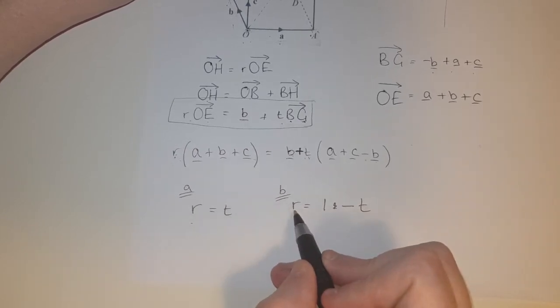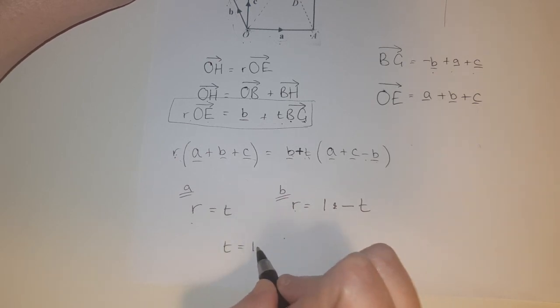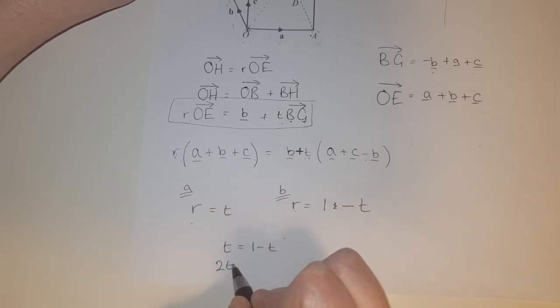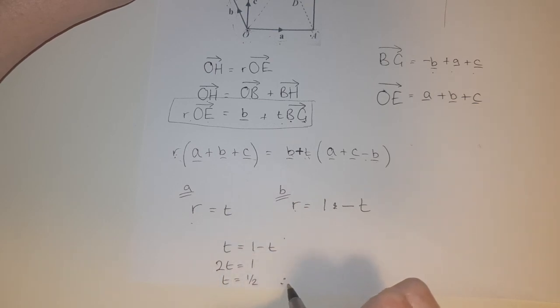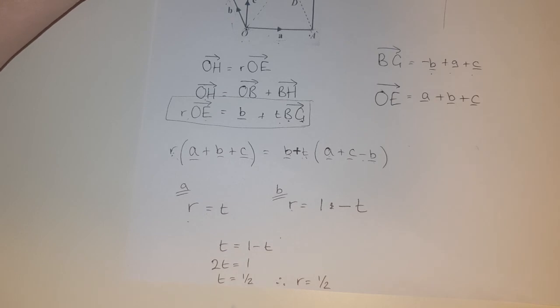So if I replace R with T, I get T equals 1 minus T. That means 2T equals 1. So T equals a half. And therefore, if T is a half, I can plug it back into there. R equals a half.